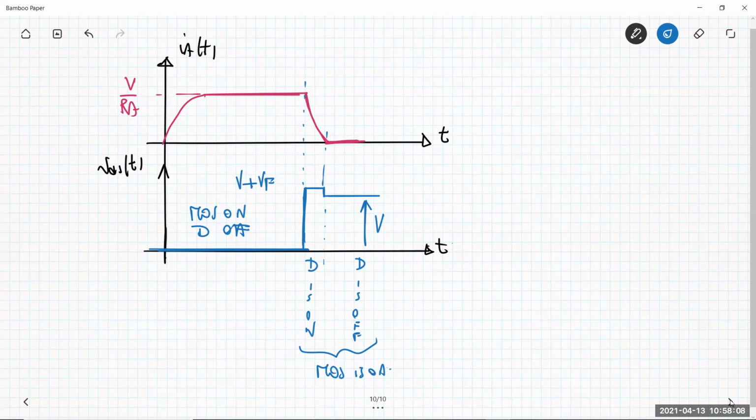What happens to the current flowing through the MOSFET? The current flowing through the MOSFET, let me put in the same graph, ID versus t. Now the current flowing through the MOSFET is no more the same current flowing through the phase. Basically, it is the same current flowing through the phase when the MOSFET is on. But when the MOSFET is off, it goes basically in a very fast way to zero.